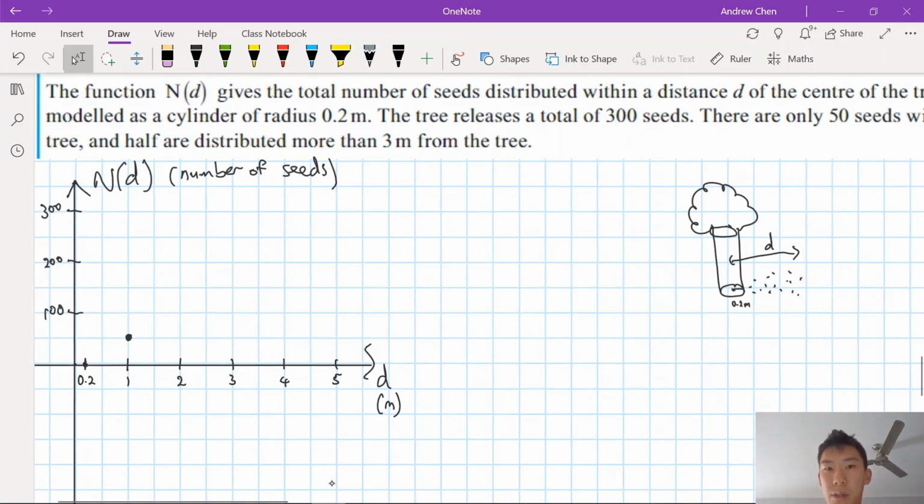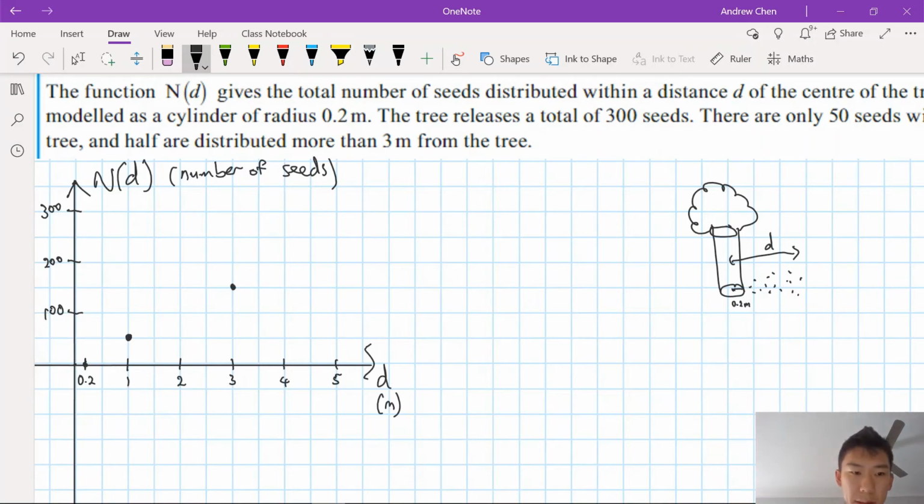So that means also that half are within 3 meters of the tree. So when d equals 3, we're going to have half of the total, half of 300, which is 150 here. And that's our next point.